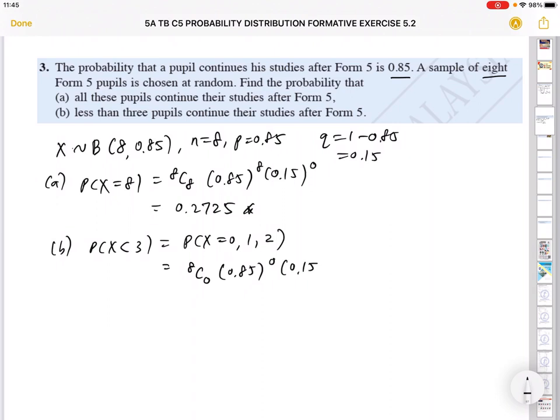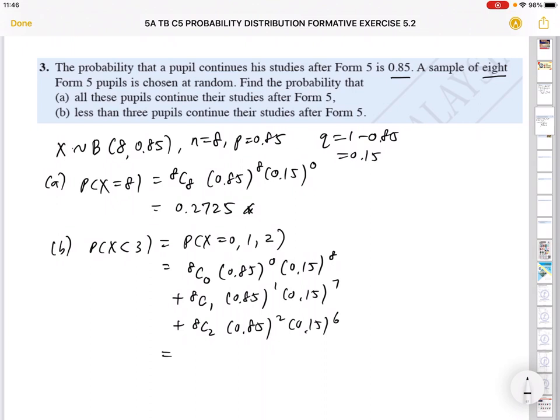The next one is 8C1, 0.85 power 1, 0.15, 8 minus 1 is 7, then you plus 8C2, 0.85 power 2, 0.15 power 6. Okay, add them up, use your calculator.